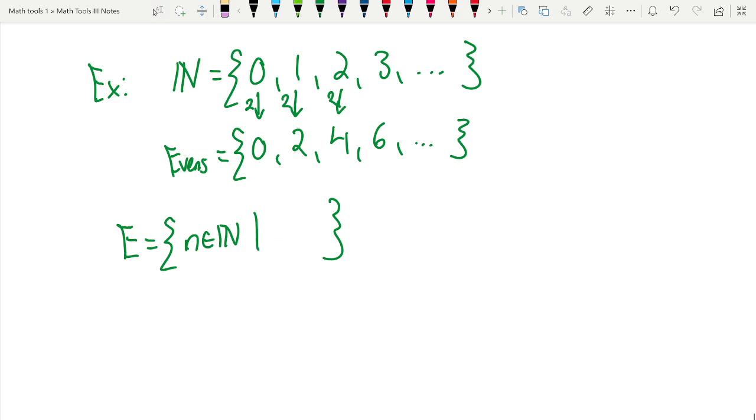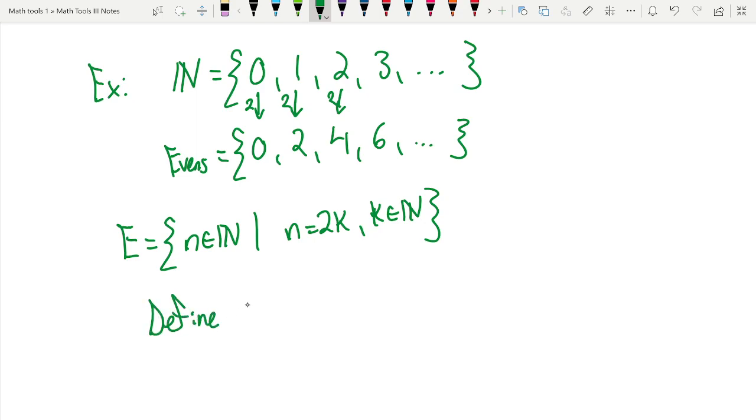Maybe we could formulate it instead as n is equal to 2 times k, where k is in N. So we can define f from N to E by f of n equals 2n.